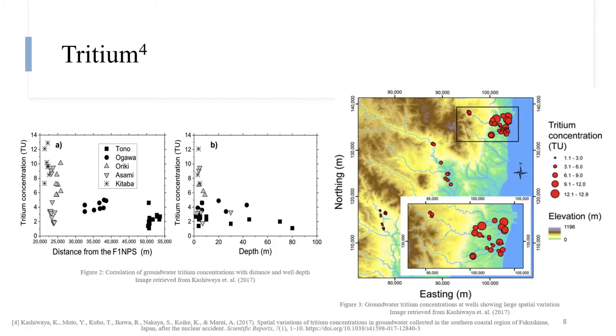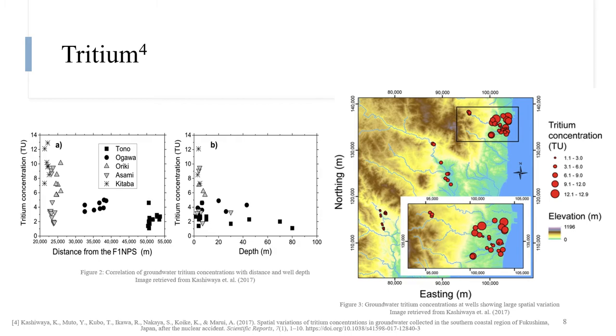And so, looking at the spatial distribution of tritium a year after the incident, the spatial distribution of tritium concentrations was clearly discernible, and higher tritium concentrations were measured at wells nearer to the facility as well as at shallower depths, which you can see on the two graphs on your left.